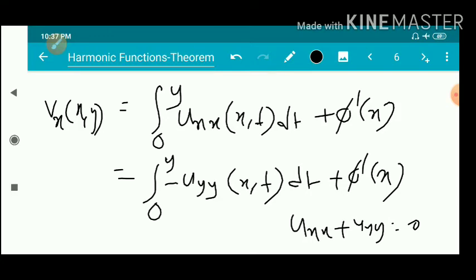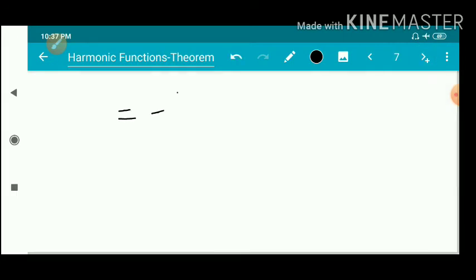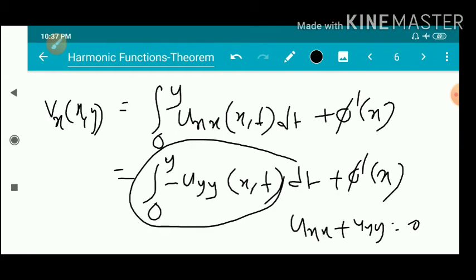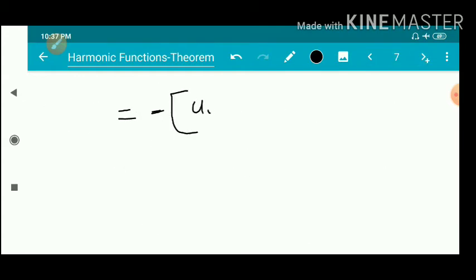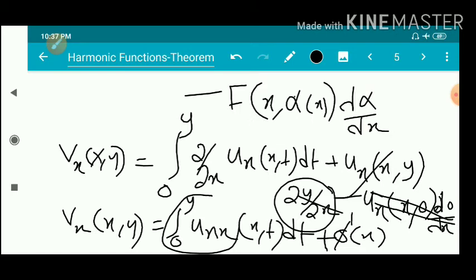So we integrate this term with respect to y. Integrating once, uyy becomes uy. That is equal to minus integral of uy of xt, with limit 0 to y, plus phi dash of x.